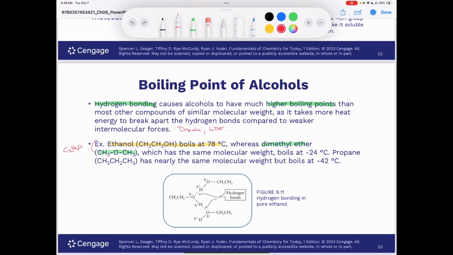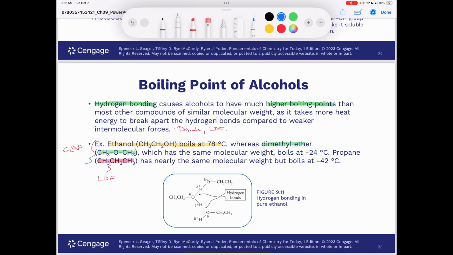And then we have propane, which has a molar mass that's almost identical to that of ethanol and dimethyl ether. It's very close, within like 1 or 2 mass units. And it boils at -42, extremely cold. And again, the reason why is because for propane, all it has are London dispersion forces.